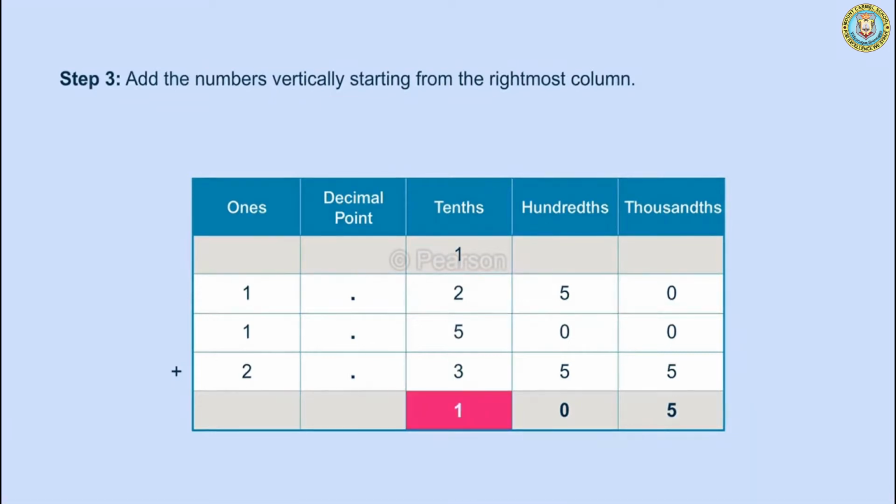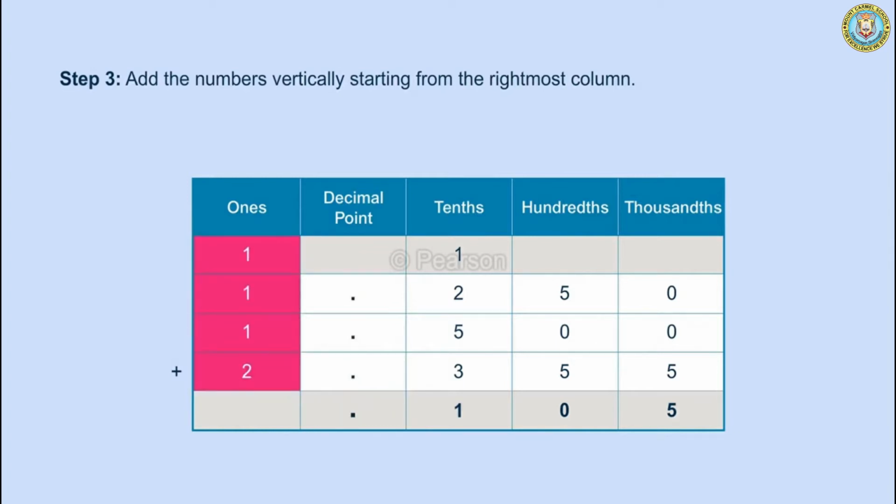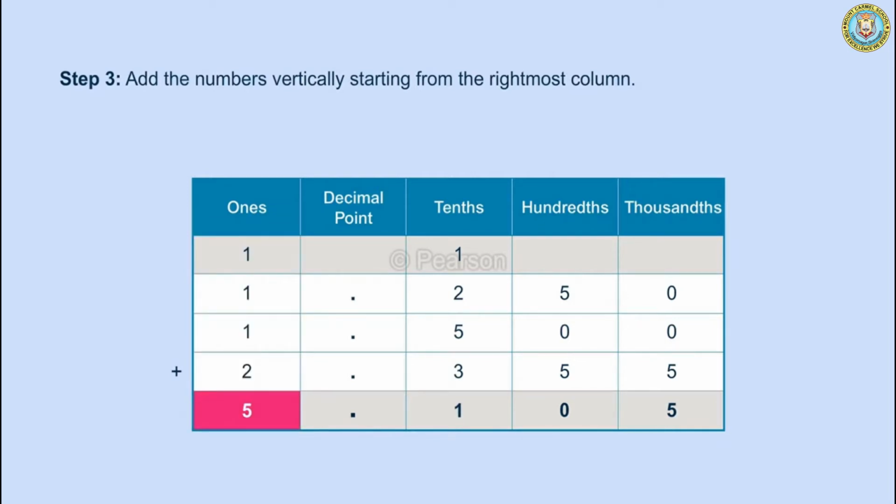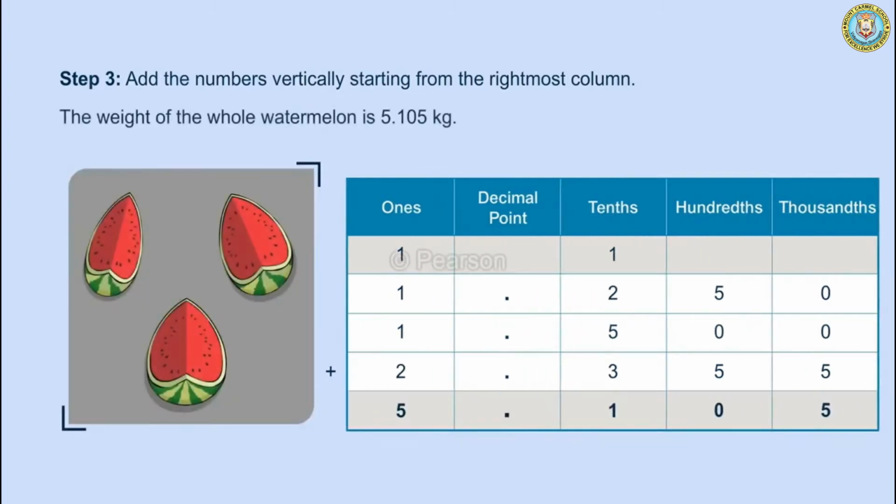Write 1 in the answer row and carry over 1 to the place on the left. Now bring down the decimal point in the answer row. Finally, add the digits in the ones place of the numbers. We get 5. Write 5 in the answer row. The sum of the decimal numbers is 5.105. That is, the weight of the whole watermelon is 5.105 kilograms.